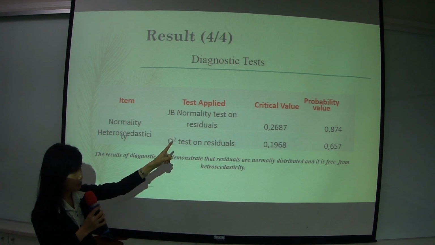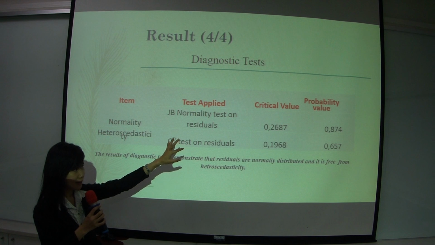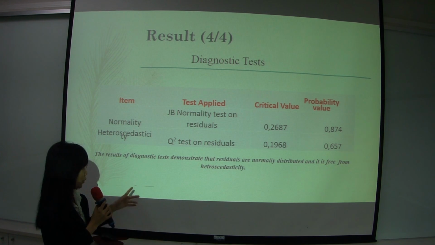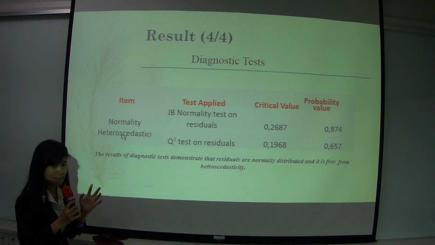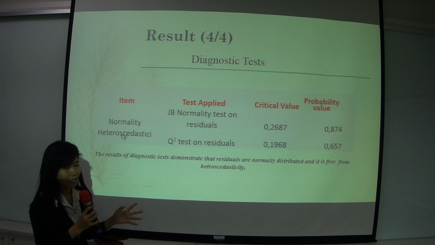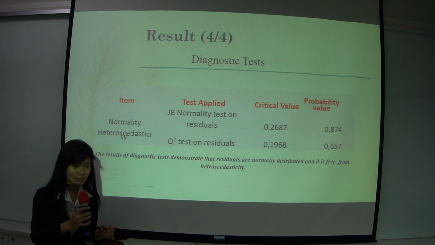Based on the p-value, we can see that the p-value is higher than the critical value. So the result of this diagnostic test demonstrates that the residuals are normally distributed and free from heteroscedasticity.